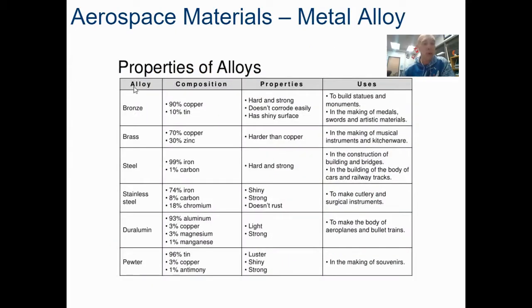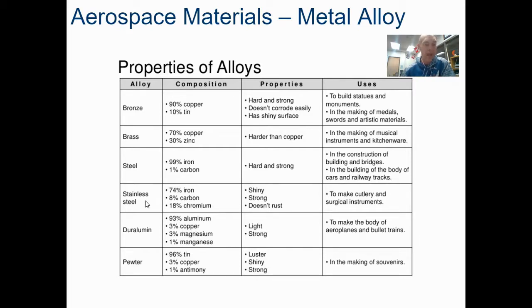So here are some different properties of alloys. Alloys, again, are metals that are combined in different ratios. You've probably heard of things like bronze and brass and steel. This is just because they're made of these different elements. Bronze is 90% copper, 10% tin. If you want to pause this and take a look, just in case you're curious.